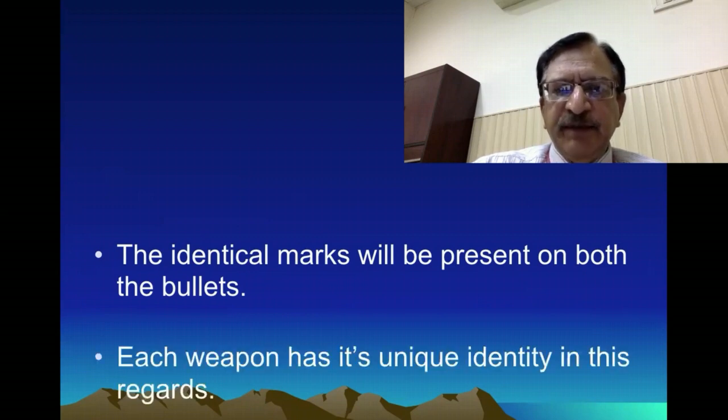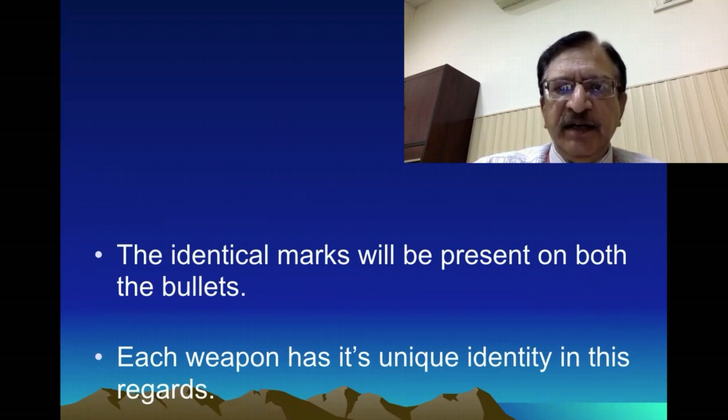Each weapon has its unique identity. Even though the weapons have been made in the same factory, the impressions created by the marks are distinct, like the fingerprints of a human being.